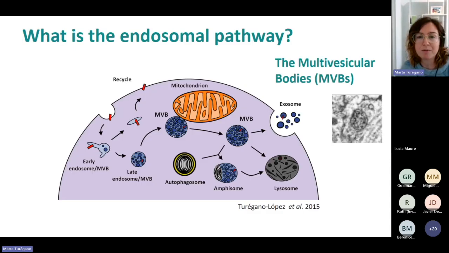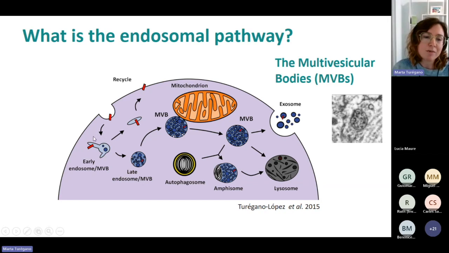Well, what is the endosomal pathway? The endosomal pathway is a system that is conserved in all the cell types. It starts with the endocytosis of a receptor, a molecule, by the invagination of a cell membrane, and then the vesicle is created. That is called early endosome.